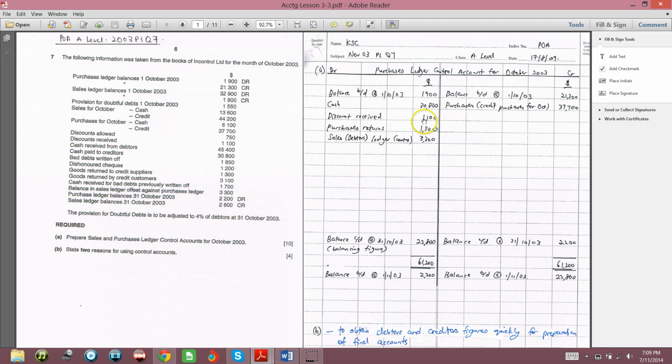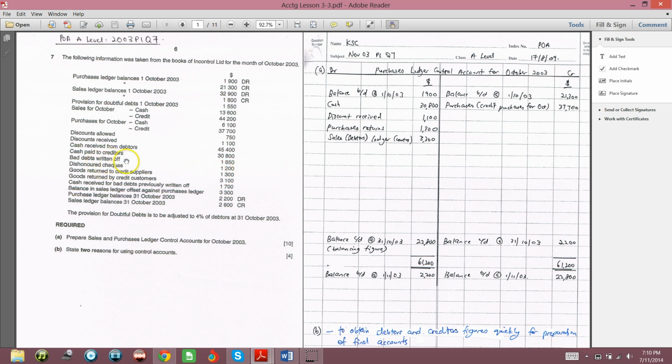We will owe them less money, so we put it on this side, discount received 1001. Cash received from debtor, nothing to do with creditors control account, that is debtor. Cash paid to creditors, so if we pay them cash, the other account will be cash, and we will owe them less money, so put on the debit side of the creditors control account.